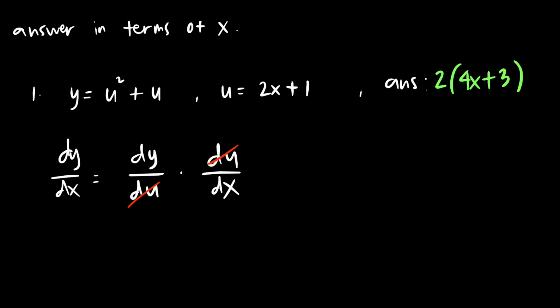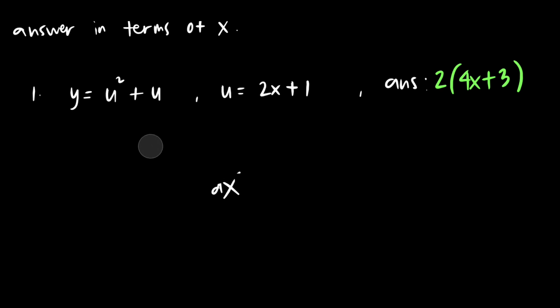So for number 1, we'll find dy over du and then du over dx first. So we have dy over du. dy over du is equal to 2u plus 1.